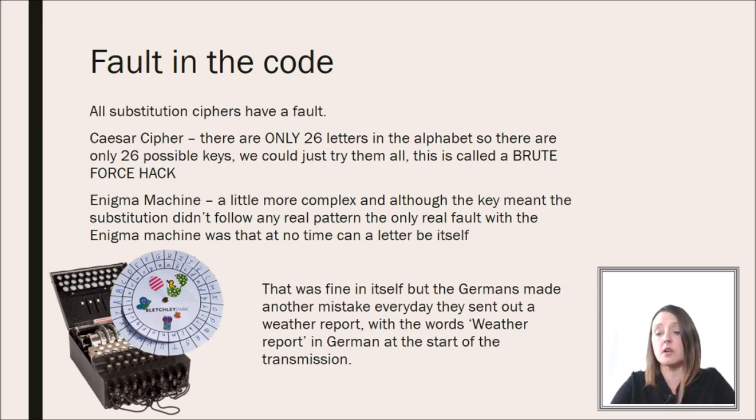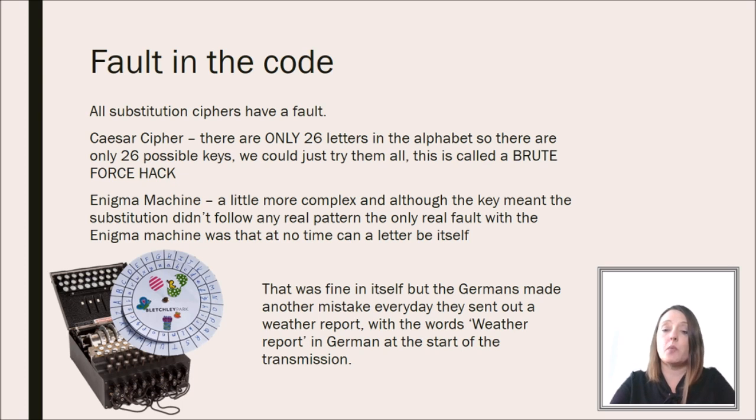Because not only was this complex, but the settings on the Enigma machine were changed every single day. And this is where the Germans made a mistake. Every morning, they would start every transmission, so the first transmission every morning, with the weather report. And the weather report itself was started with the German word for weather report.